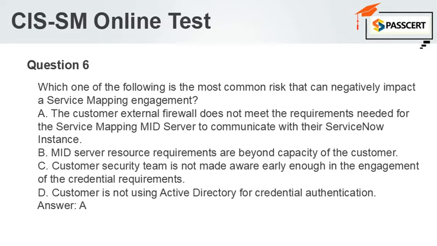B. Mid-server resource requirements are beyond capacity of the customer. C. Customer security team is not made aware early enough in the engagement of the credential requirements. D. Customer is not using Active Directory for credential authentication. Answer: A.